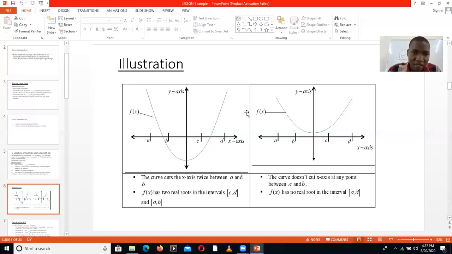If it crosses once, it has 1 root. If it crosses twice, it has 2 roots. If it crosses thrice, it has 3 roots, and so on and so forth. If it doesn't cross at all, it means it has no root at all in that interval. That's what you should note from this.